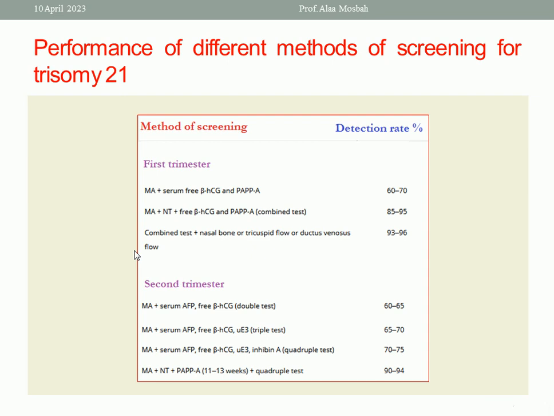Okay, with the serum test in first trimester, carry high detection rate as you see. Also, if you see here the combination of the first trimester combined screening test with the quad test, reaching high detection rate, reaching 94%.